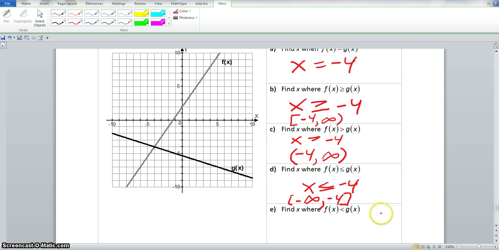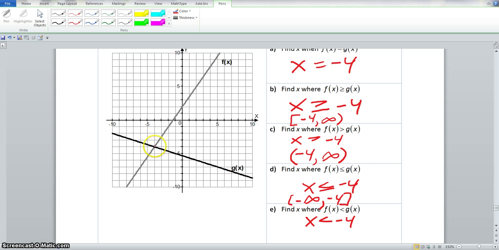Okay, now we go here to E. We have f of x is less than g of x. It's basically the same concept that I told you before. It'll be x, but this time just less than -4, because g of x is greater than f of x for all values less than -4. All x values less than -4, because at -4 they're equal to each other.